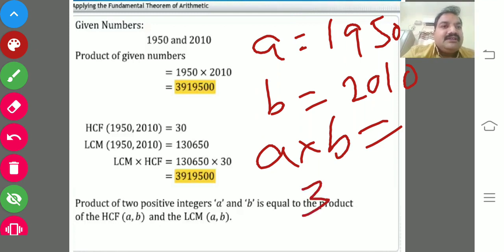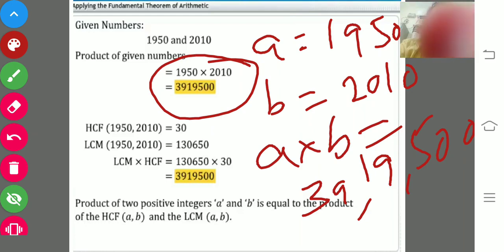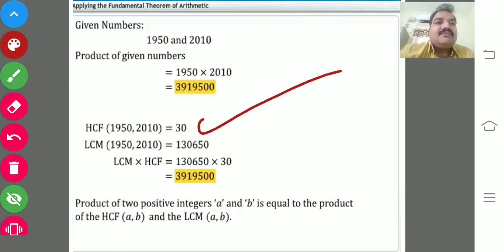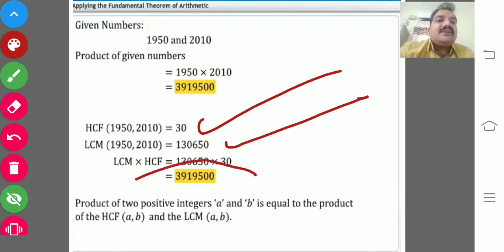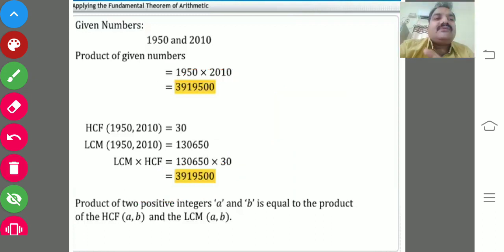We got 39,19,500. Write the answer in one place. Now the HCF of the two numbers is 30 and the LCM of the two numbers is 1,30,650. The two answers should be verified. So what will you conclude?